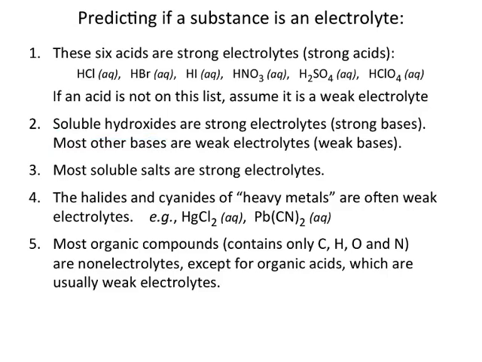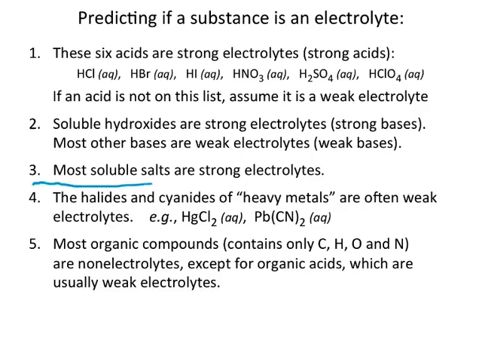Now, most other bases are weak electrolytes, and these are generally ones that are derived from ammonia, or ammonium. Right? Ammonia being a base, it then forms the ammonium counterion as it produces hydroxide. So this is a weak base, and anything derived from NH3 is a weak base.